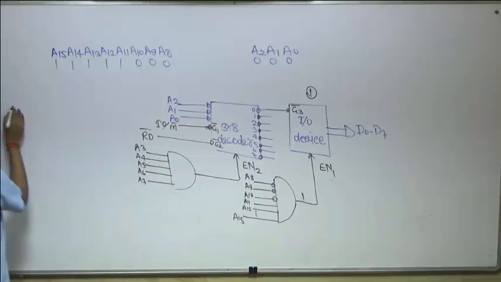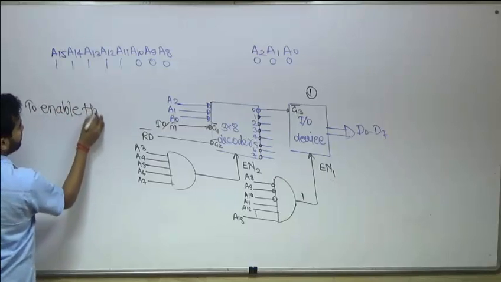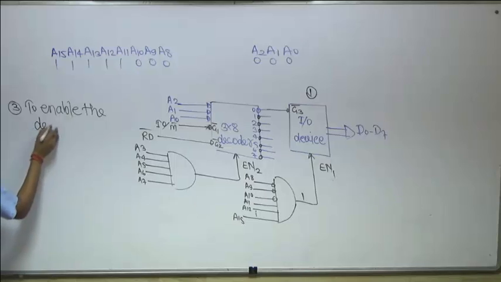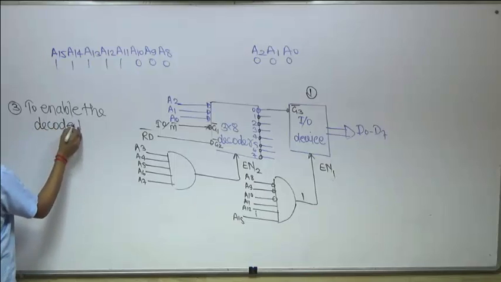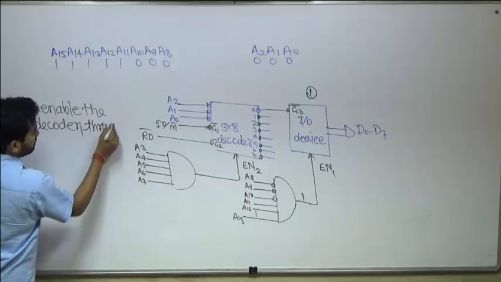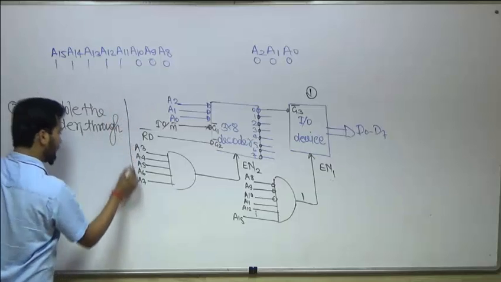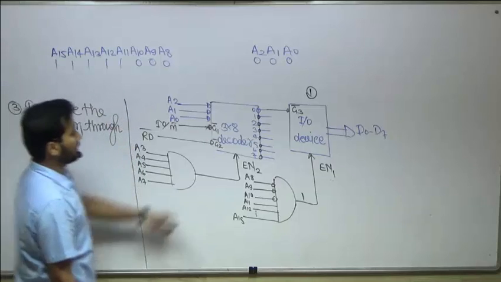Now the third part is to enable the decoder, because before performing any operation, the decoder must be selected.